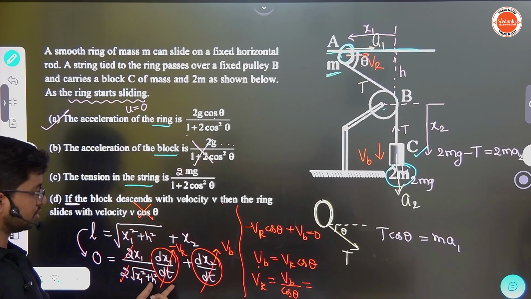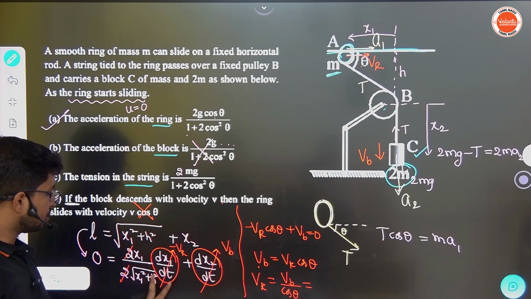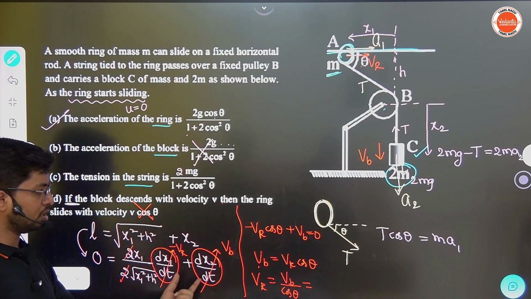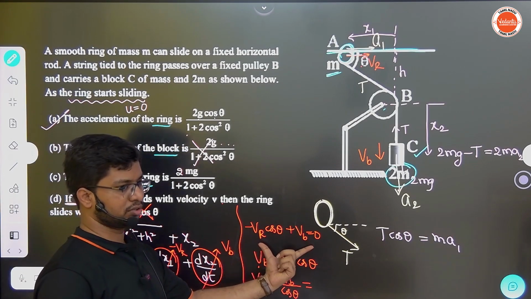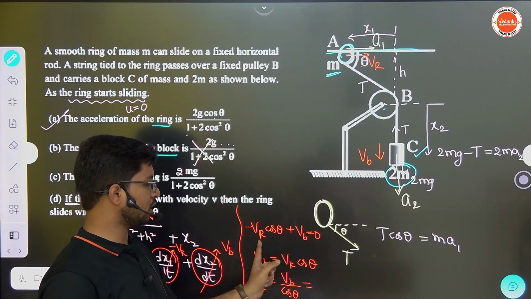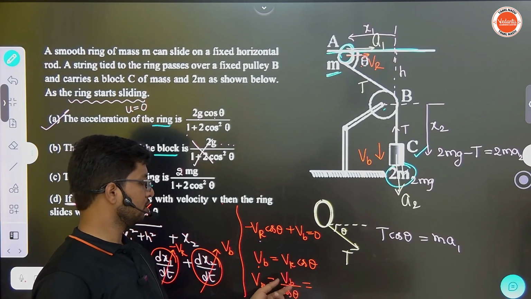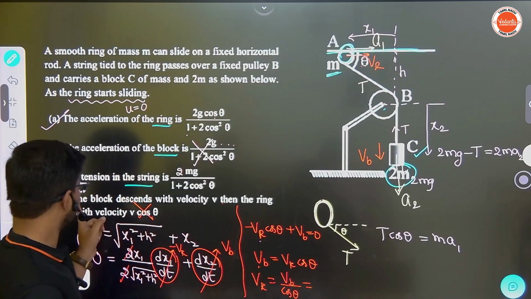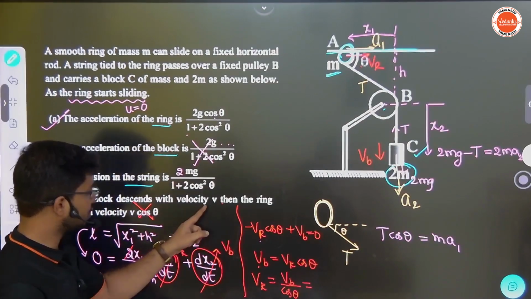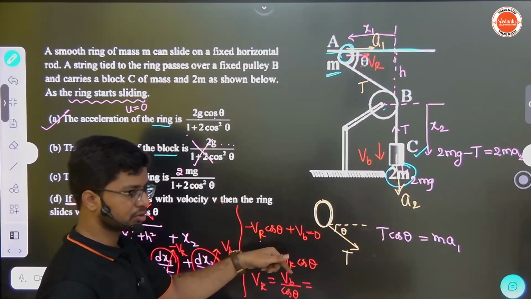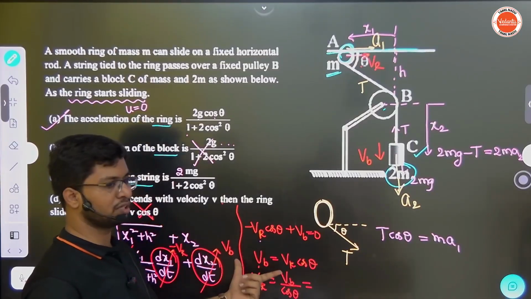That's what I'm explaining here. I'm taking the velocity. This is the velocity of the ring. Okay, I got this equation which connects the velocity of the ring and the velocity of the block, right? Then if the block descends with a velocity v, this is not the initial velocity here.